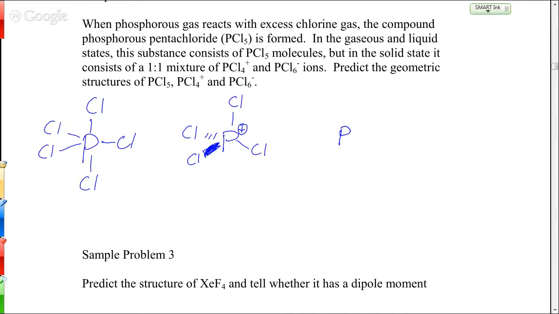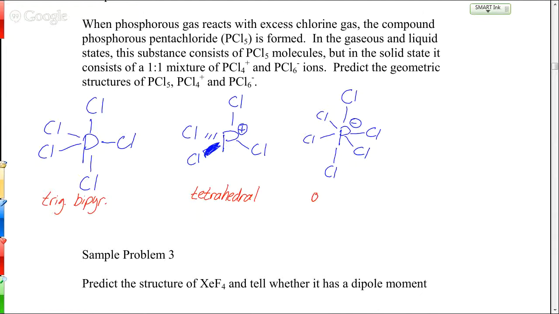And then PCl6 minus is octahedral. So trigonal bipyramidal, tetrahedral, and octahedral.